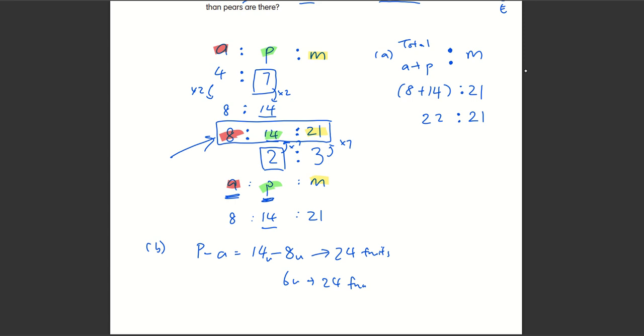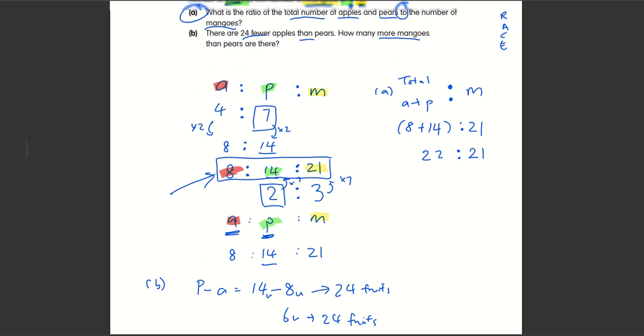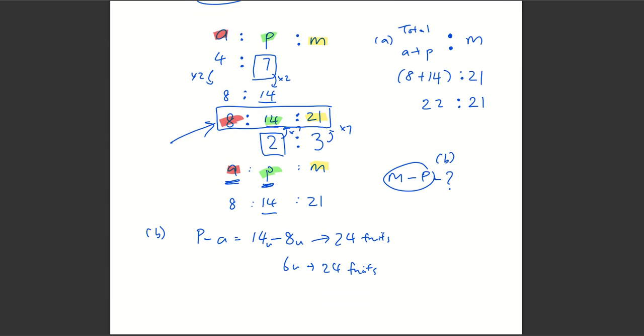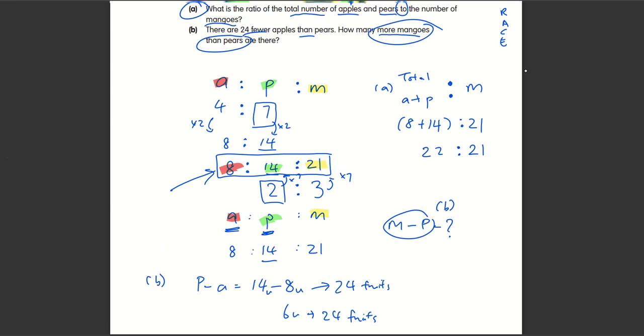Then you need to find how many more mangoes than pears. So the answer is asking for mango minus pear for part B. Okay, that will be 21 units minus 14 units.